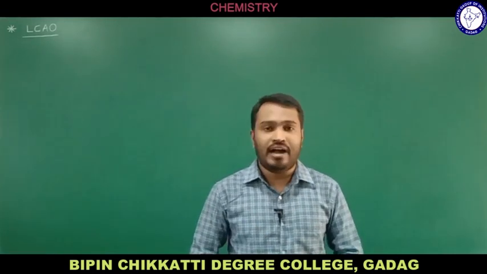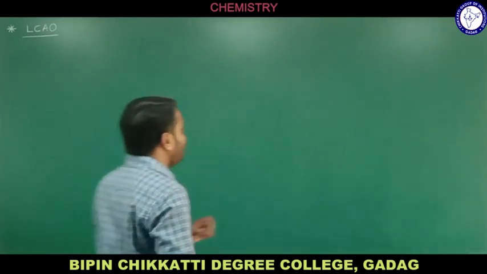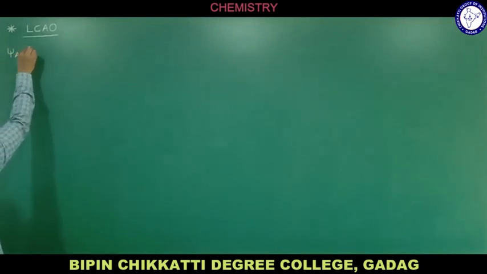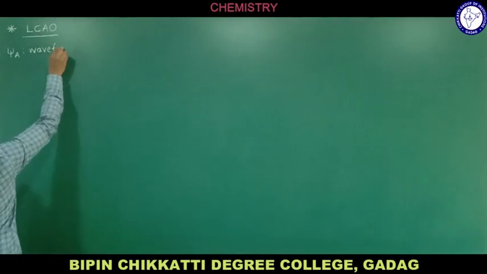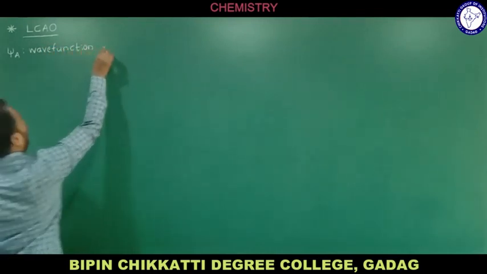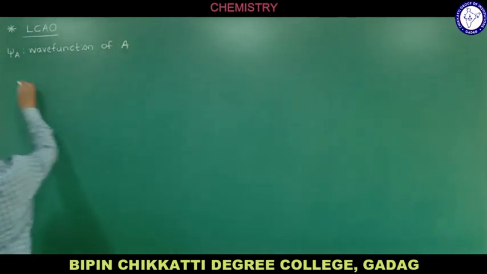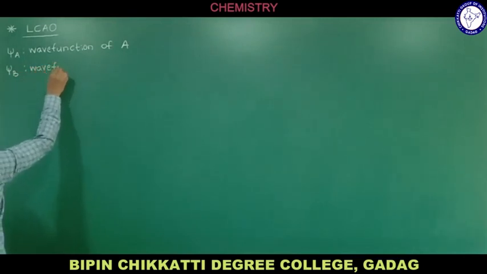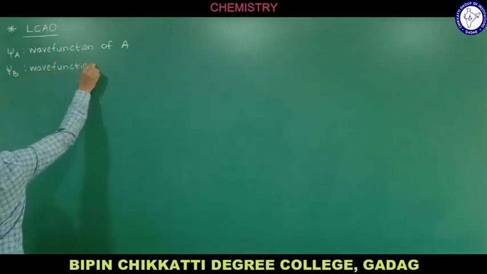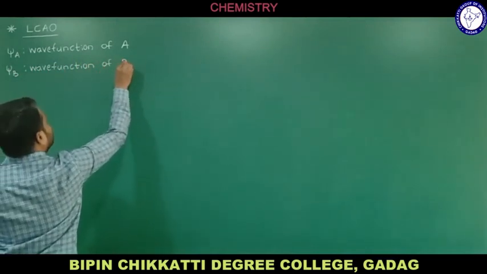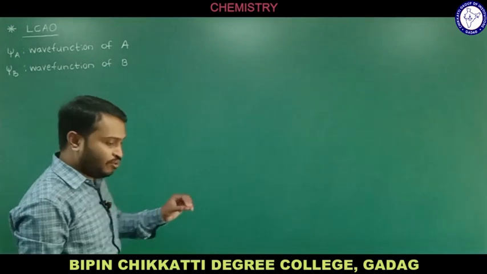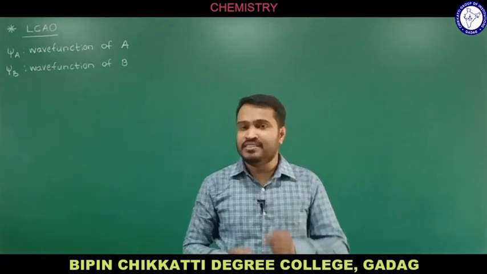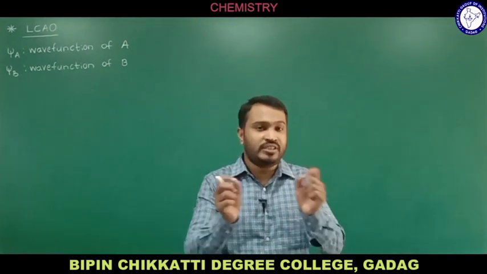Let me consider 2 atoms A and B, and the wave function of A is represented by psi A. So let psi A be the wave function of atom A, and psi B be the wave function of atom B. If psi A and psi B are the wave functions of atoms A and B, the wave function of a molecular orbital can be represented by a linear combination of these atomic orbitals.